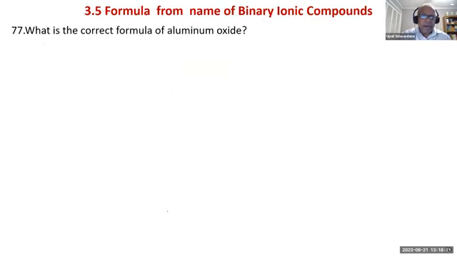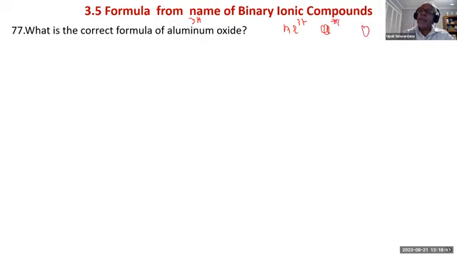What is the correct formula for aluminum oxide? Aluminum is group 3A, so it loses 3 electrons and makes a 3 plus cation.